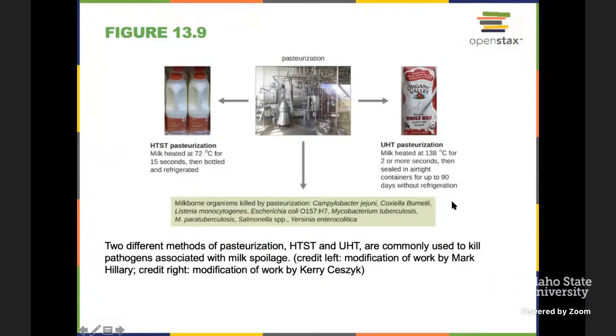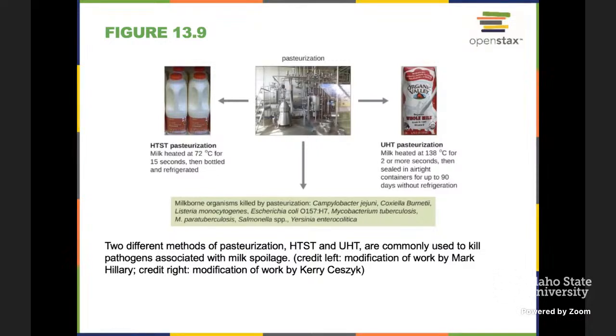So, with that pasteurization, again, these are the ideas to get potential pathogens, to get their levels reduced so that those products are safe, right? I'm sure you have all smelled some milk that's starting to sour a little bit as it was in the fridge a little too long.